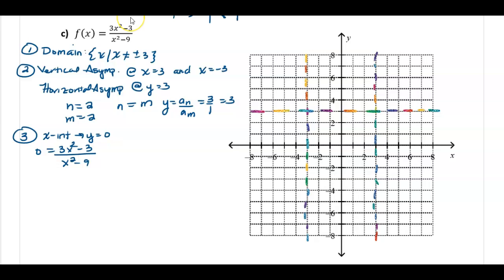So if we multiply both sides by x squared minus 9, we get 0 equals 3x squared minus 3. 3 equals 3x squared. 1 equals x squared. Then plus or minus 1 equals x. So we have 2 x-intercepts at positive 1 and negative 1.